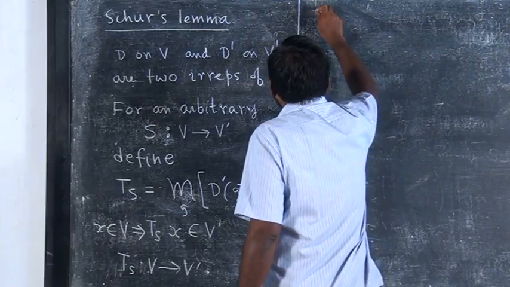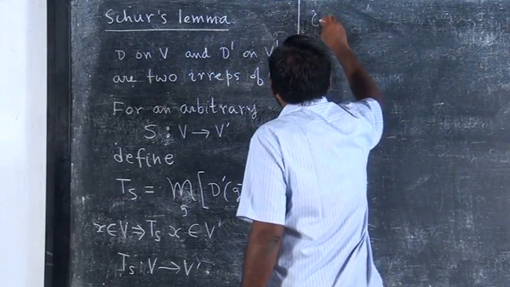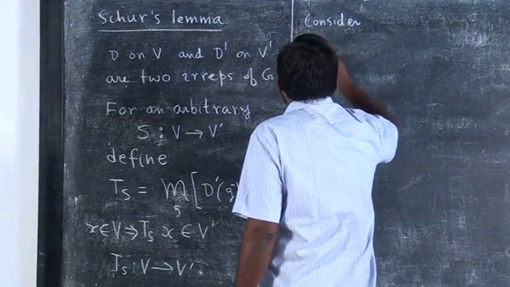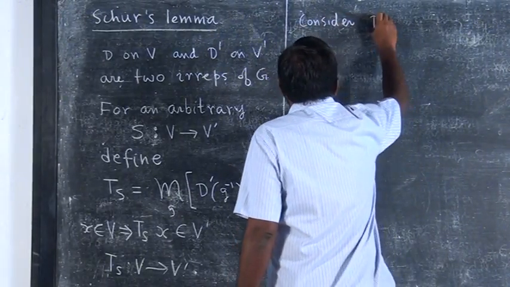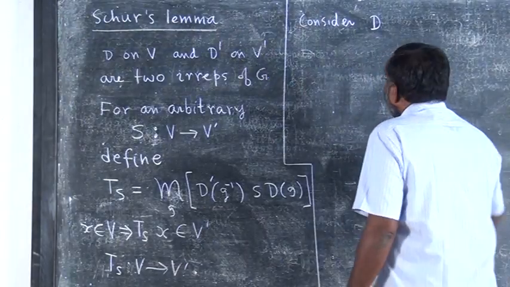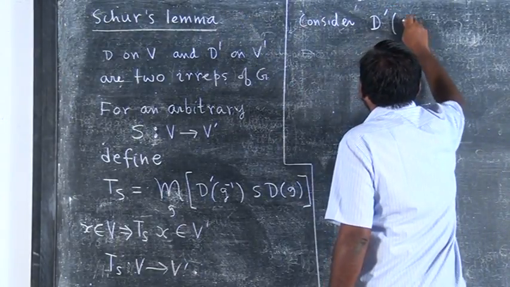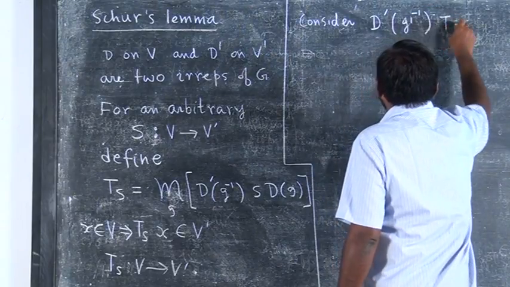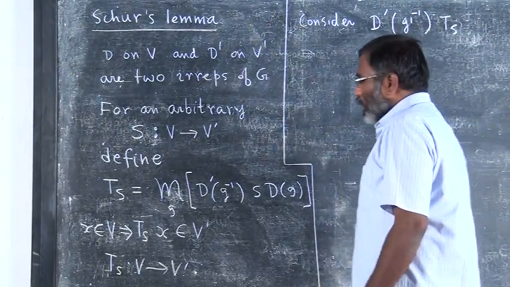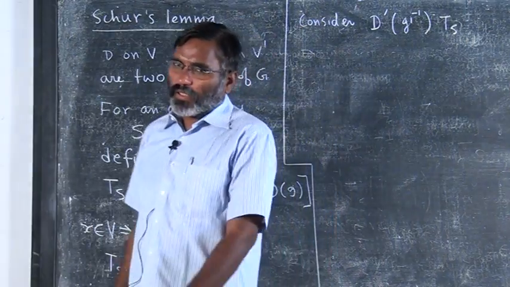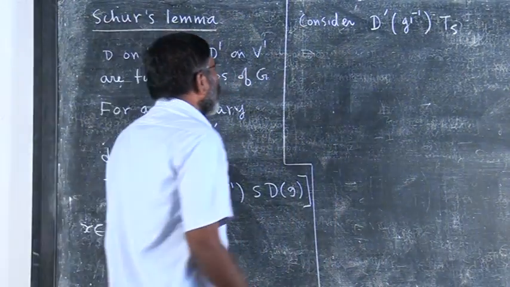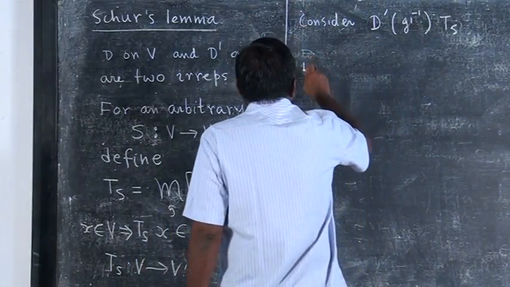Now consider D prime of g prime inverse into T_S, for some g prime inverse in G. So what can I write about this?